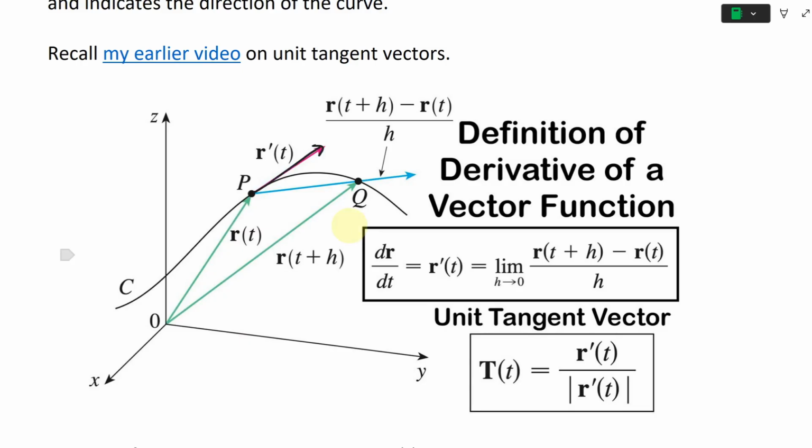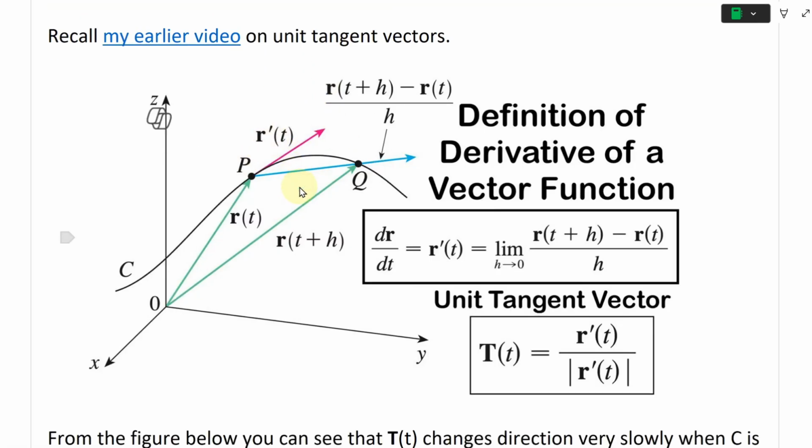So this is pointing this way, and that's r prime of t. Then the unit tangent vector is you just divide this by the length. So what you end up getting is somewhere like that, this little thing would be T. If this one is bigger than 1, you just divide by that. Anyways, that's a recap from that.